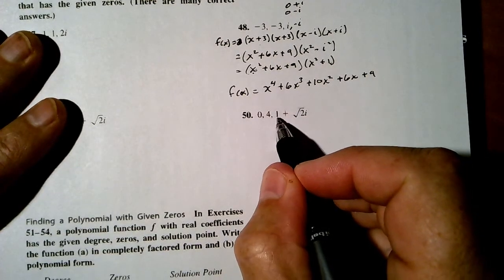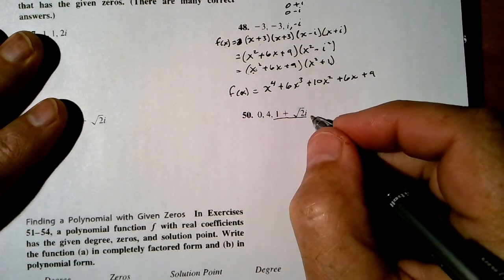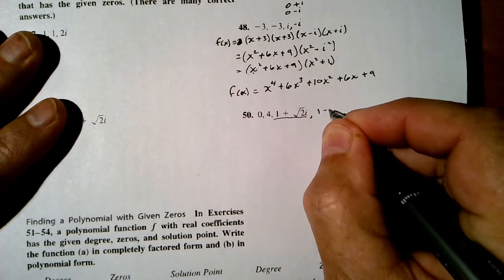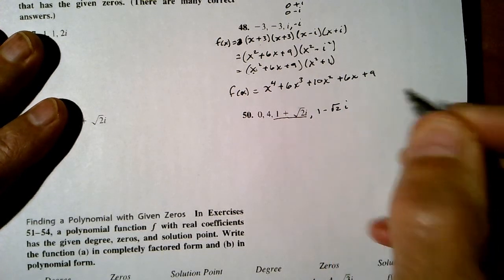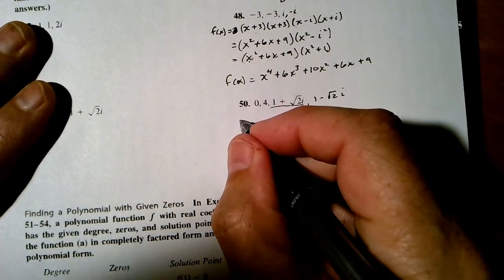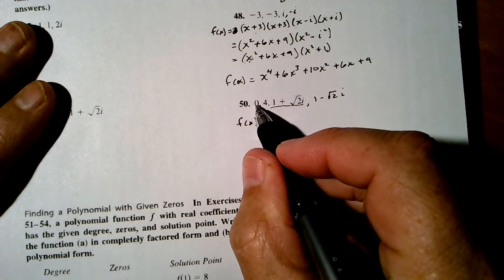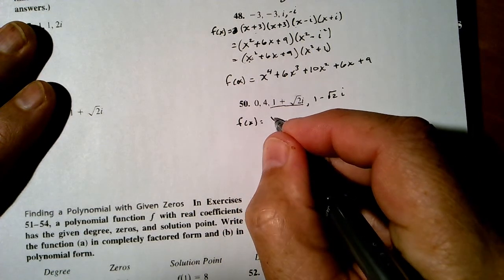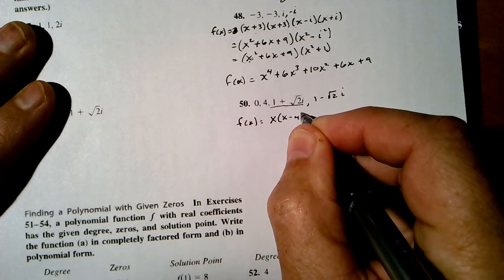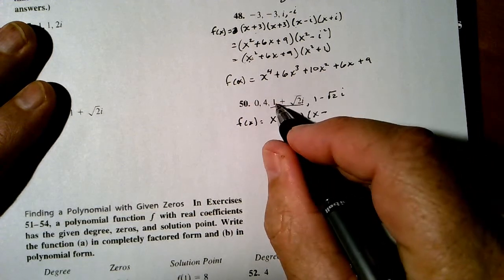Now, complex zeros occur in conjugate pairs. Complex zeros occur in conjugate pairs, so 1 minus square root of 2i is a 0 as well. So here we have f of x equals x minus 0, or just x, times x minus 4, times x minus this.